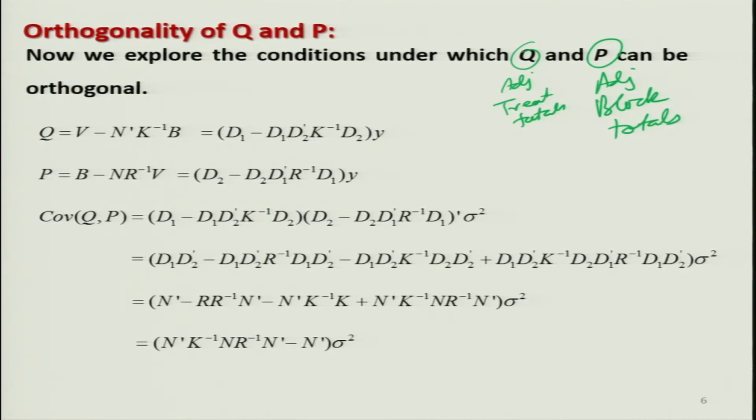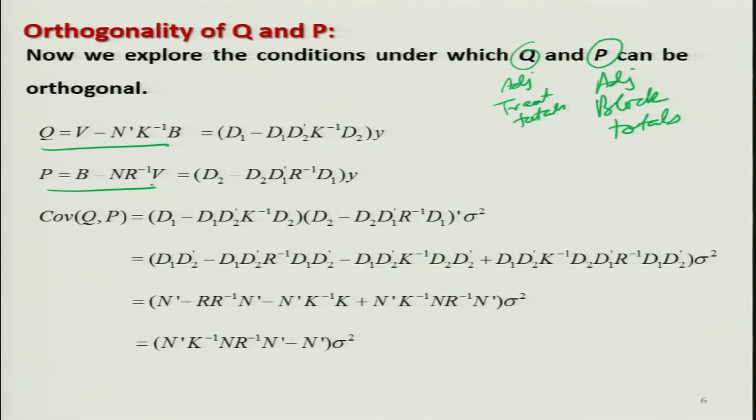So, first let us find out the conditions under which both these adjusted totals, that is for treatment and for block, are going to be orthogonal, and this definition will give rise to so-called orthogonal designs. So, now if you try to see, we have defined Q and P by these two expressions.